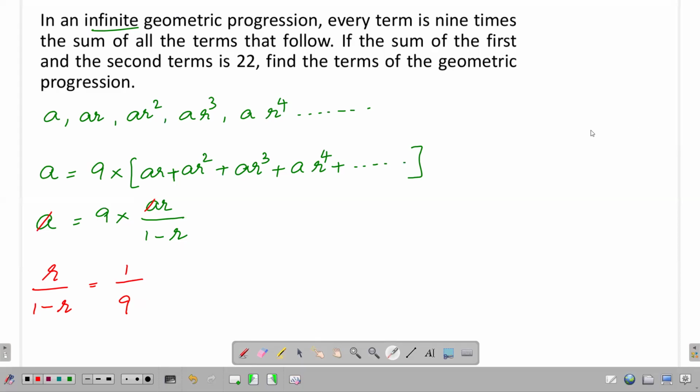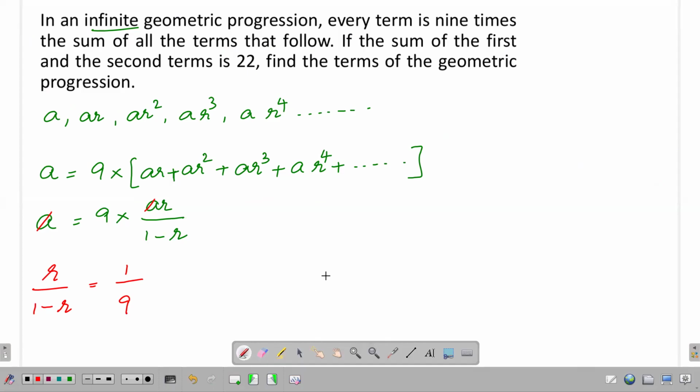So how do we decide between 1 minus r or r minus 1? As far as the sum to infinity of a geometric progression is concerned, the formula is always a by 1 minus r. There is no a by r minus 1. That is there only in the case where there are n terms associated with the geometric progression, not an infinite geometric progression.